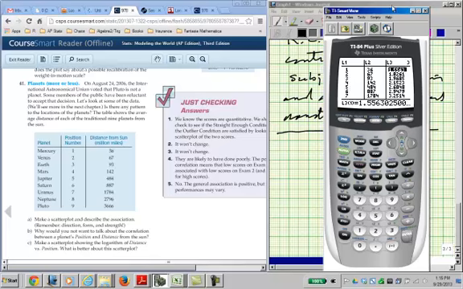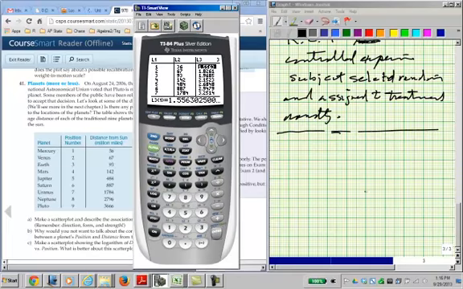Now, what do we have in L3? Let me put this over here for a minute. What is going on? Logs are exponents. So what we have in L3 are the exponents needed to raise 10 to, the exponents of 10 that equal 36. So if I take 10 to the 1.5563, it equals 36.